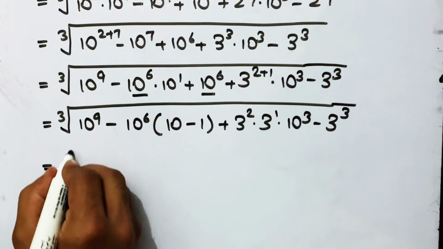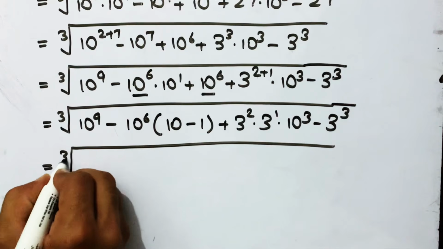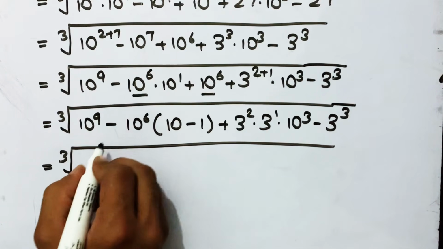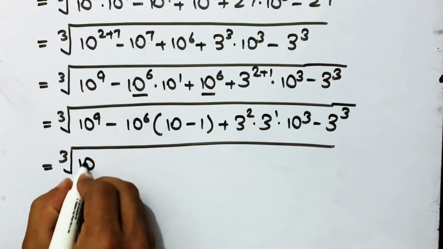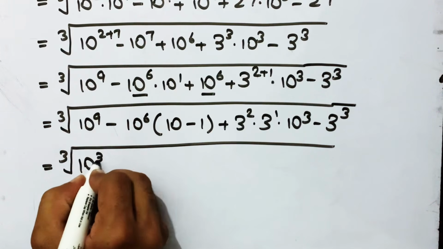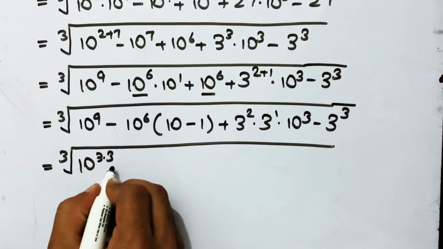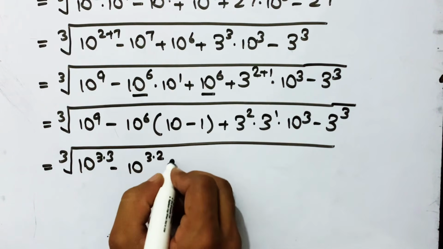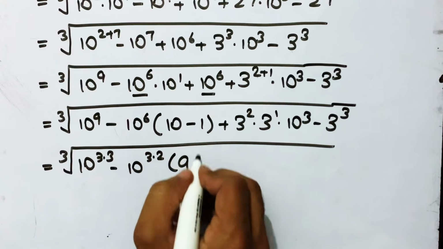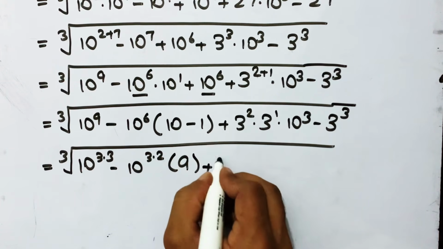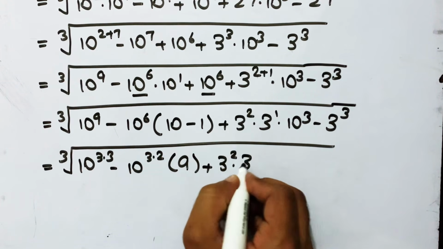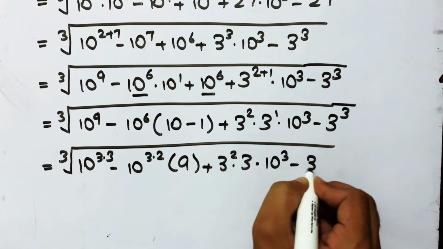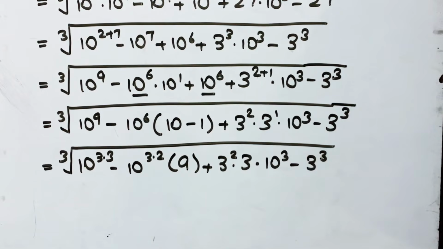Now the cube root of 10 to the power 9, which is 3 into 3, minus 10 to the power 6, which is 3 into 2, and the remainder is 10 minus 1 is 9, plus 3 squared into 3 into 10 raised to the power 3, minus 3 to the power 3.